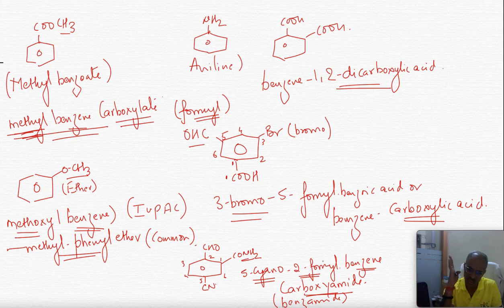It has to be given in an IUPAC name only. So if both options are given, then you go for carboxamide. If both options are not given and only 5-cyano 2-formyl benzamide is given, then go for benzamide, right? But if both are given, then go for the more precise carboxamide. We will take a few more examples.